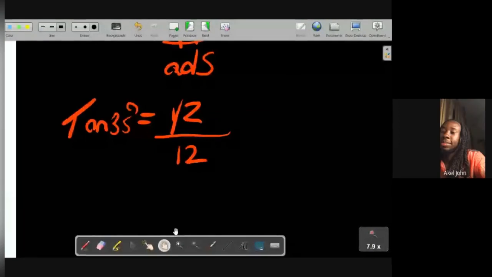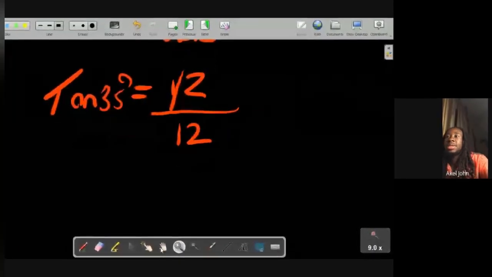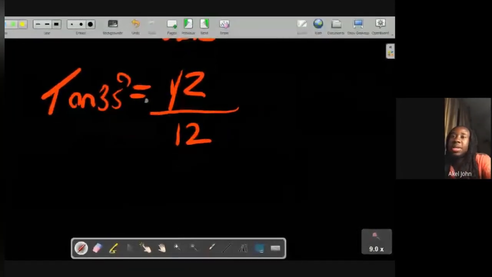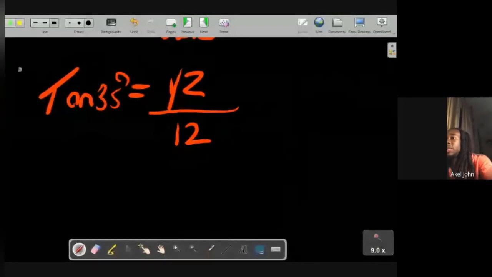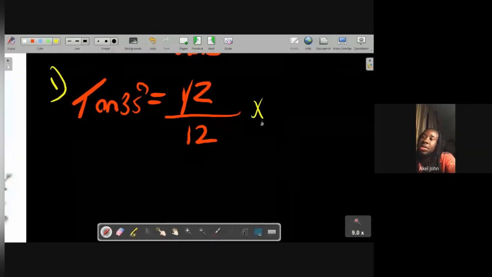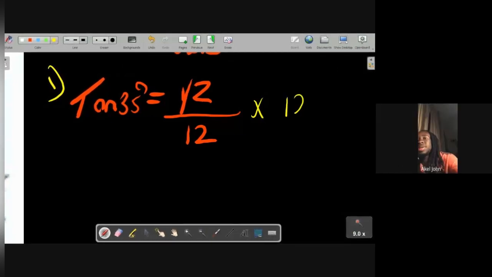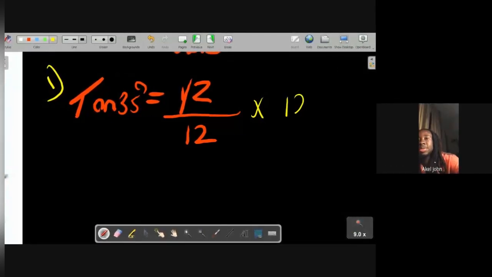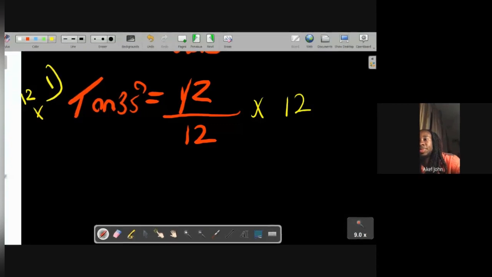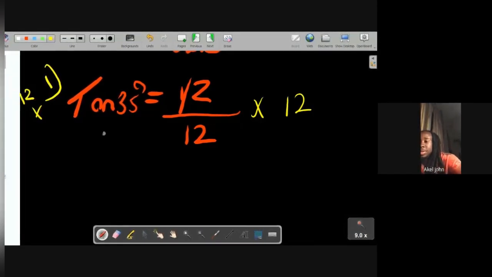Okay, after this, our first step, what are we doing? We need to take out the fraction, right? So we multiply both sides by 12.